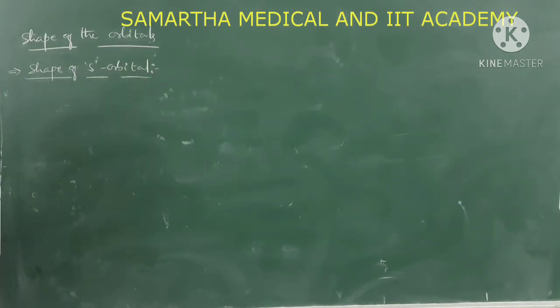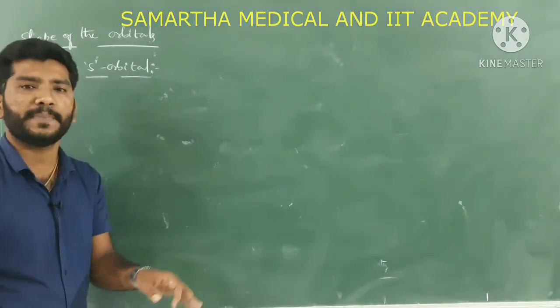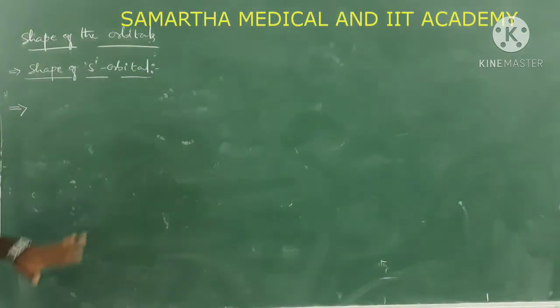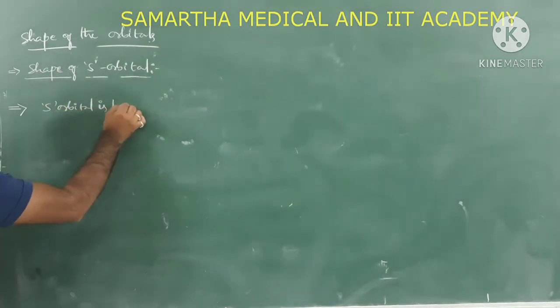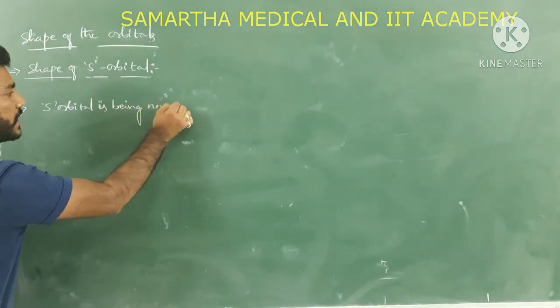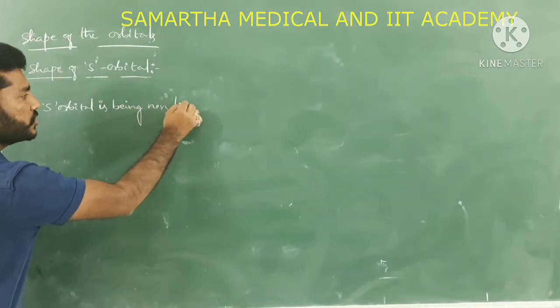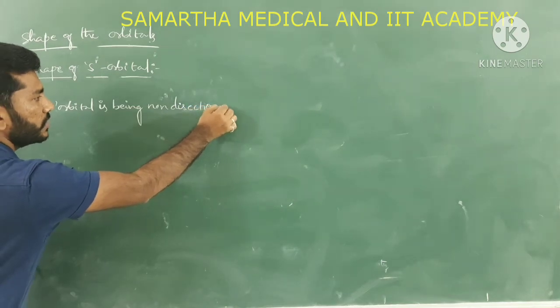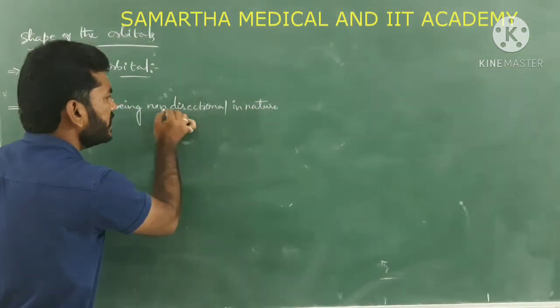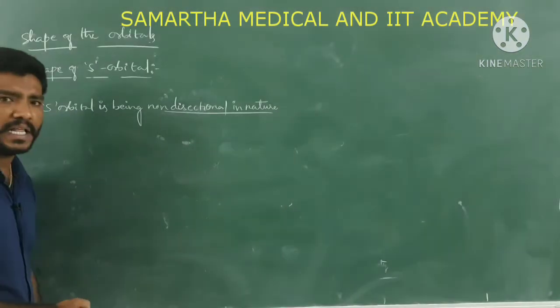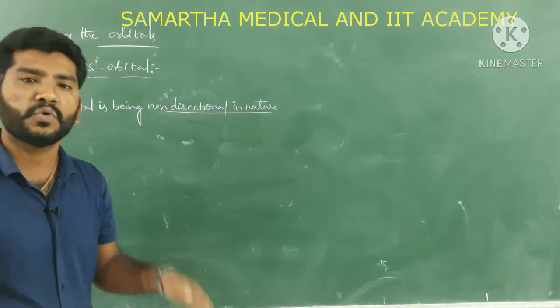See, shape of S orbital. The S orbital is non-directional and has a spherical shape, isn't it? So the very first point is that the S orbital is non-directional in nature, which means the probability of finding the electron is the same from the nucleus.